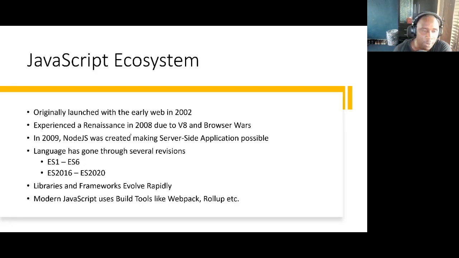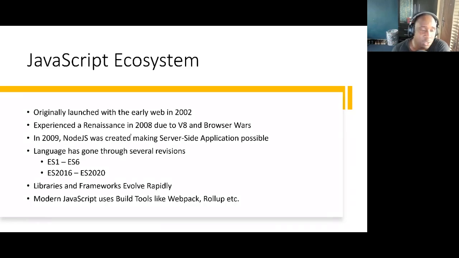It has gone through quite a bit of revisions. It started as ES1, from ES1 to ES6. And then in 2016, they switched their naming convention from ES16 to ES2020, which means that they name it every single year. And the libraries and frameworks have been evolving rapidly. If there's anybody that knows anything about the JavaScript ecosystem, things move very, very fast.